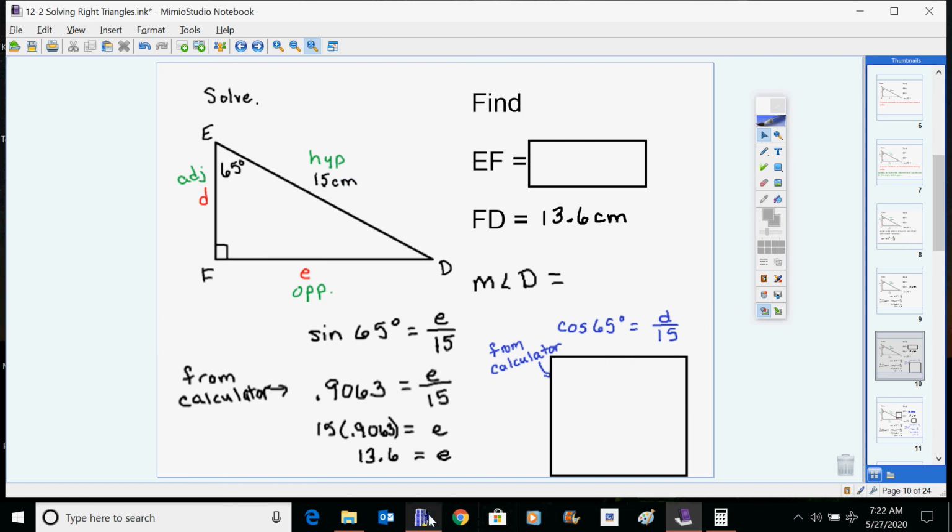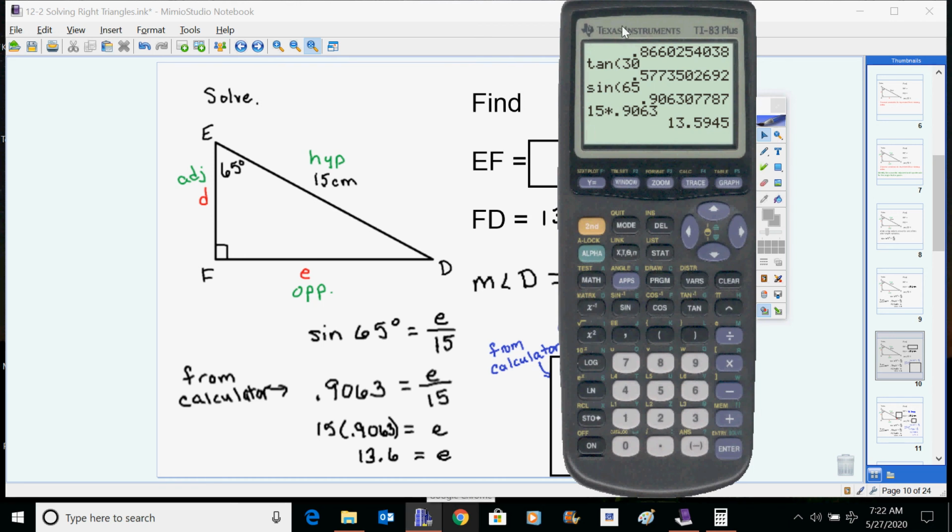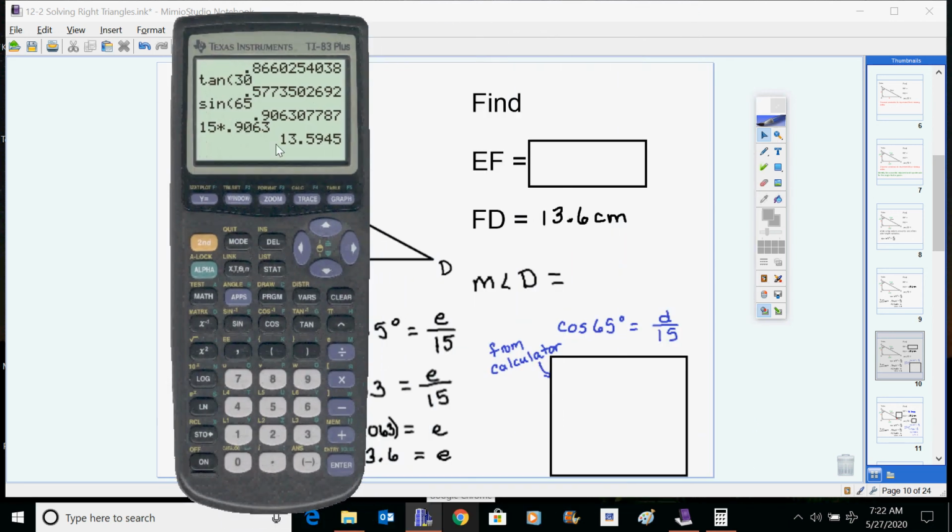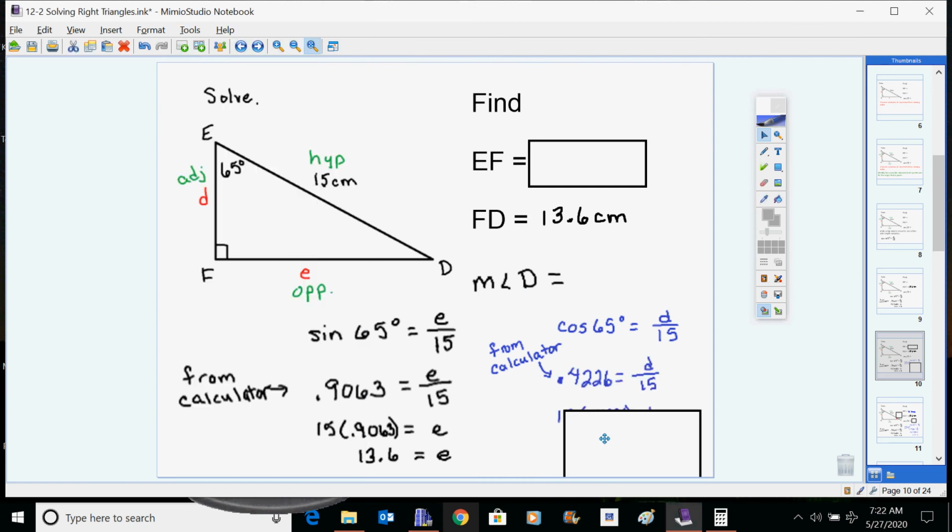From your calculator, I'm going to put in cosine 65. Remember, this only works if you have the right mode set. 0.4226.